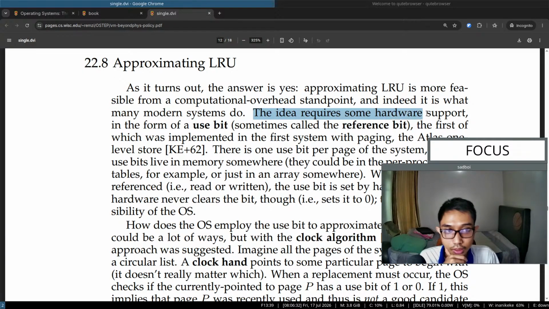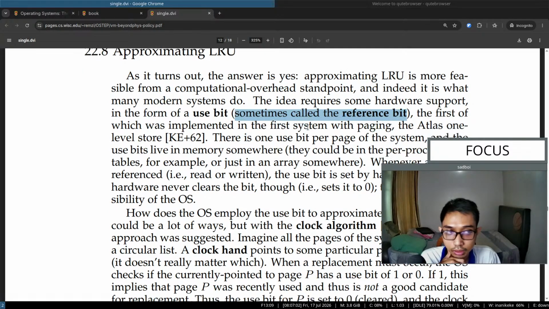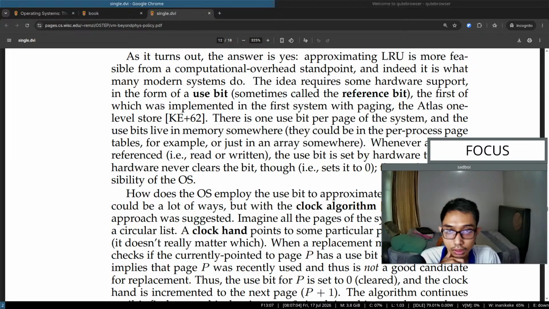The idea requires some hardware support in the form of a use bit, sometimes called the reference bit.